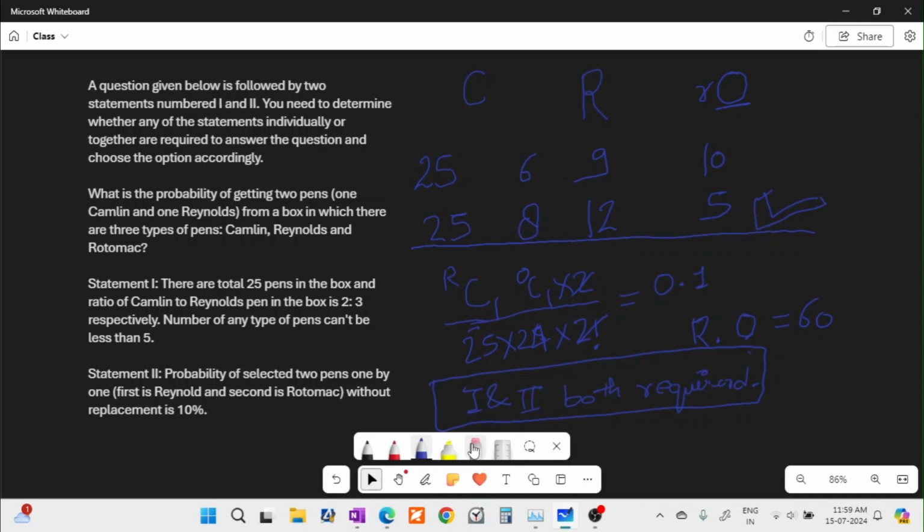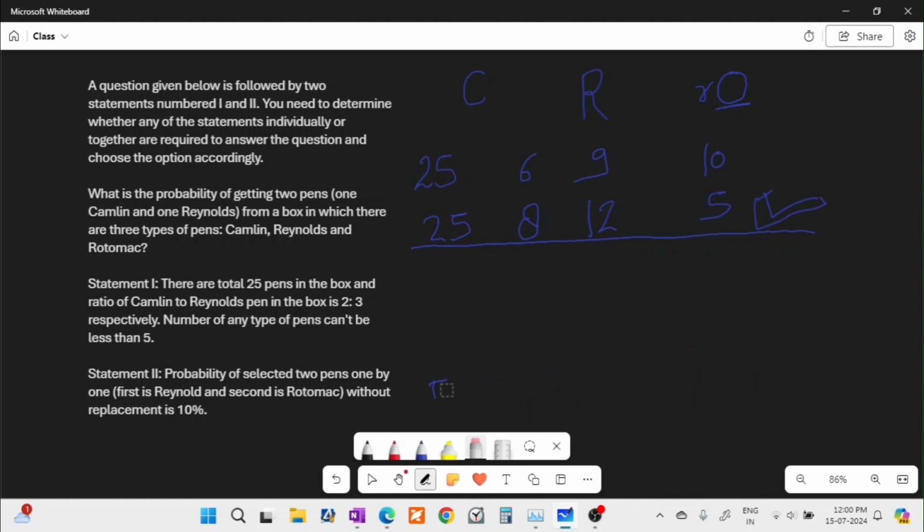Now if in the question it is asked what is the probability of getting one Camlin and one Reynolds pen, and we have to find that, we can do Camlin and Reynolds, 8 C1 12 C1 upon 25 C2.